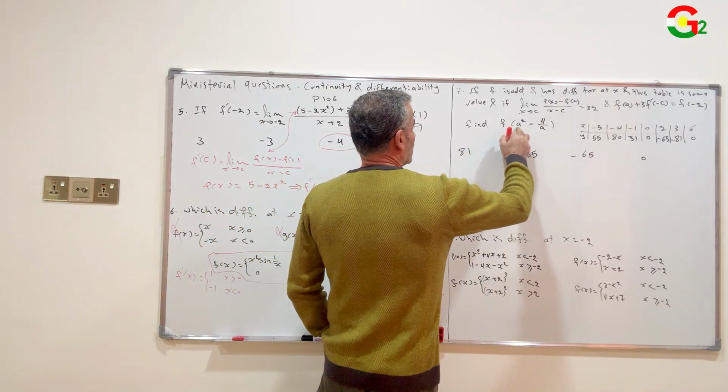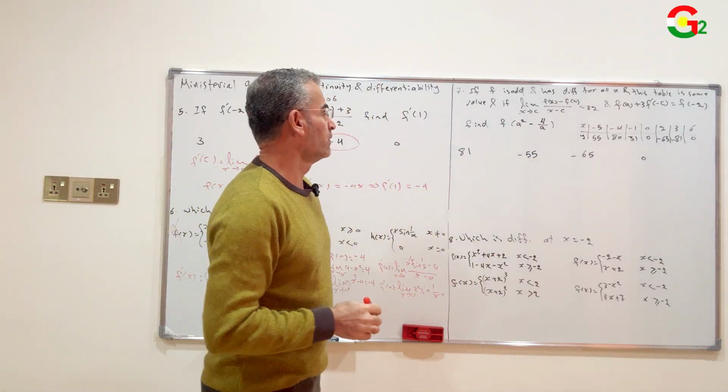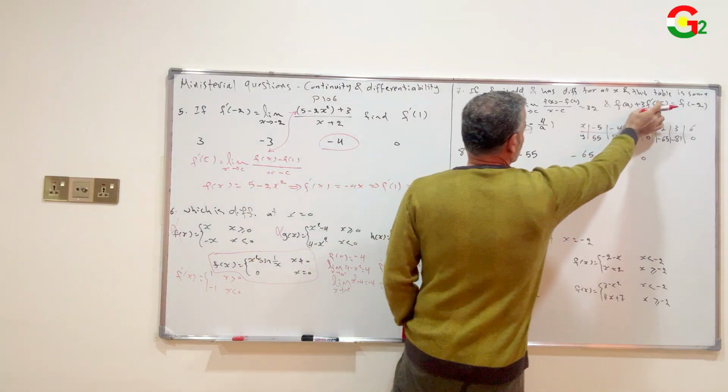To find f of a squared minus 4 over a, we need to find the value of a. To find the value of a, we will use this equation.